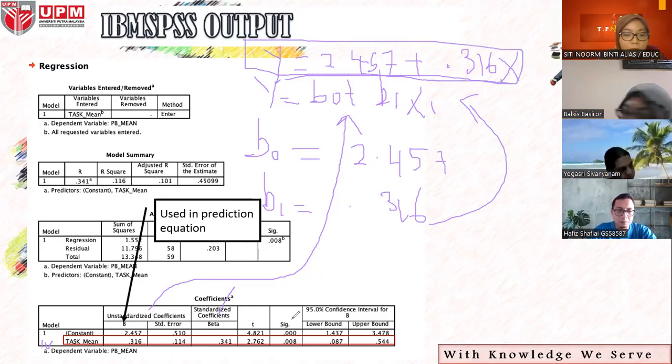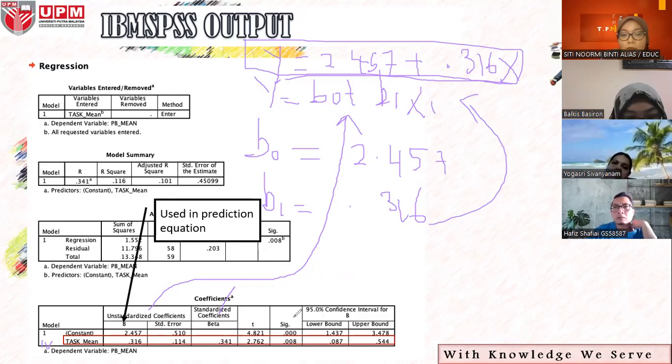Okay, so now does task-oriented coping influence the DV significantly? Then we refer to the T and significant T. Make sure we use the task mean column. Kita guna row ni. Okay, so T equals to 2.762. Meanwhile, significant T equals to 0.008.